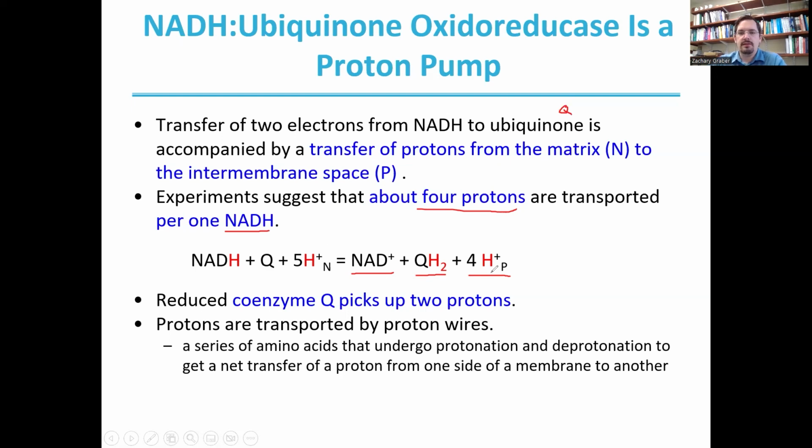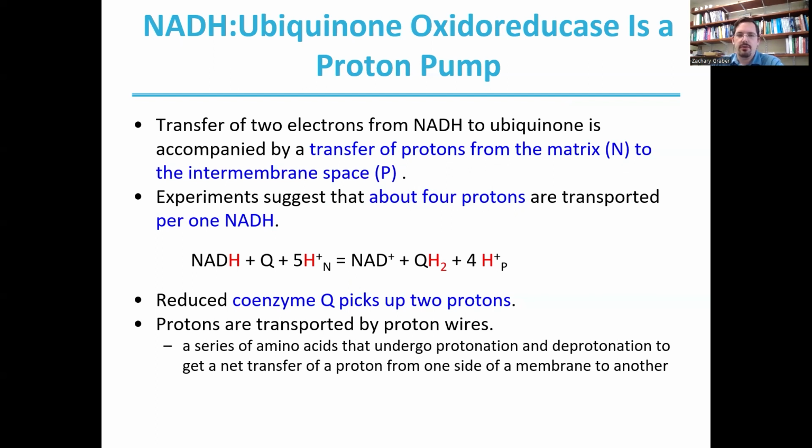We can't be consuming or producing protons, of course, because we have to conserve mass. We're just shifting the balance of protons on the inside in the matrix space versus protons on the outside in the intermembrane space.